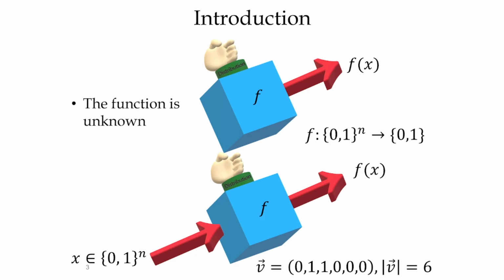So if we decide to press the button, the oracle will randomly, according to the distribution D, generate a Boolean vector x with the length n, and the function will output the result of the function on vector x. Here we have a second option over here.